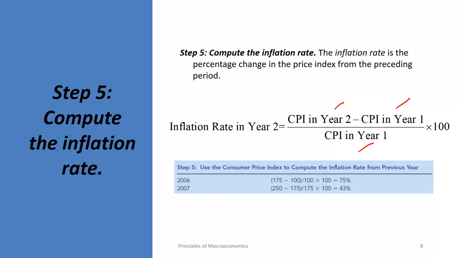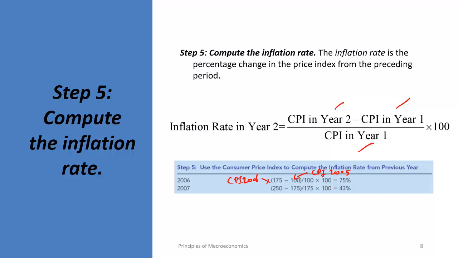So based on the calculation in step 4, in 2006, our inflation rate was CPI 2006 minus CPI 2005, divided by CPI of 2005 times 100, which gives you 75%.